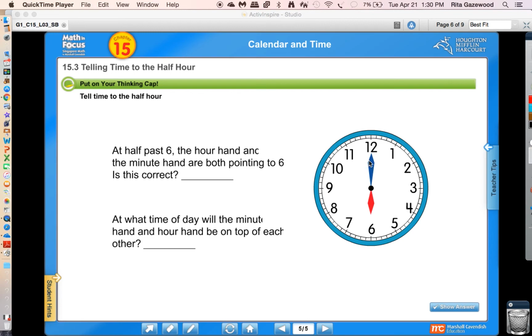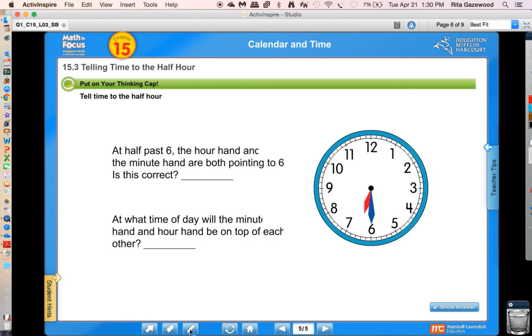I'm going to try it on my clock. 5, 10, 15, 20, 25, 30. Now it's 6:30. Are the hour hand and minute hand both pointing directly to the 6?